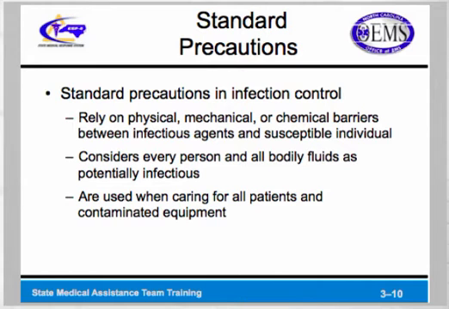Underlying this protocol is the need to consider every person, whether patient or SMAT personnel, as potentially infectious and susceptible to infection. The major components of standard precautions include hand hygiene, use of personal protective equipment or PPE depending on the anticipated route of exposure, safe injection practices, and proper environmental cleaning.